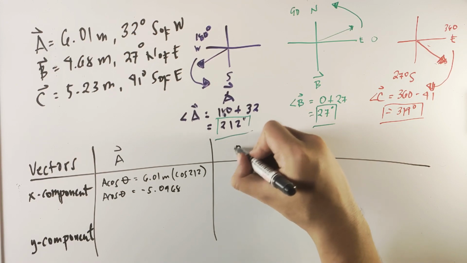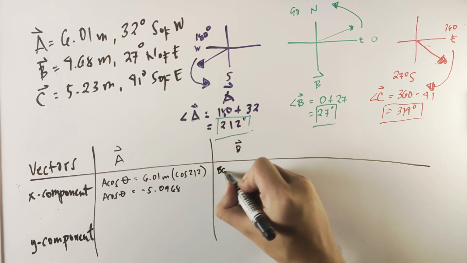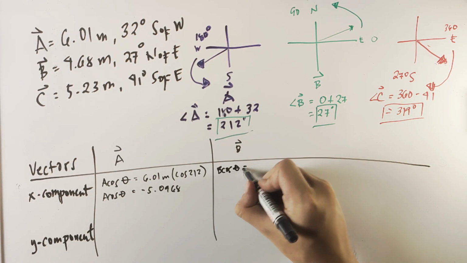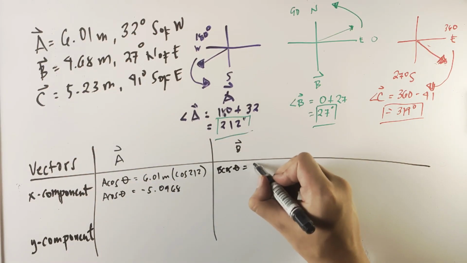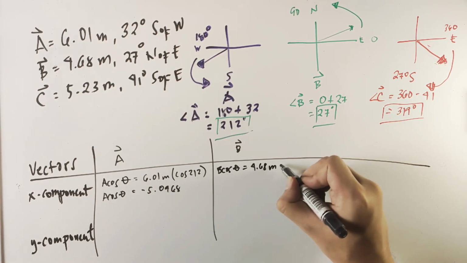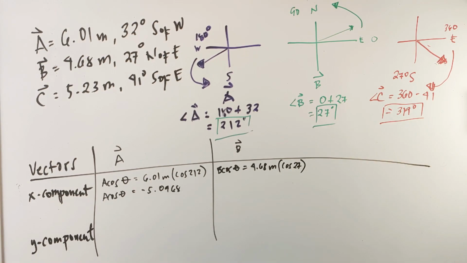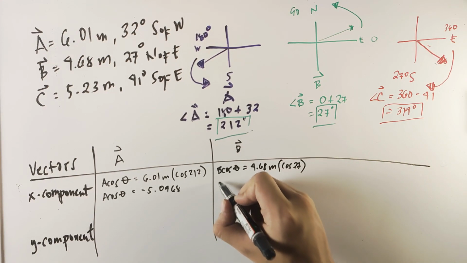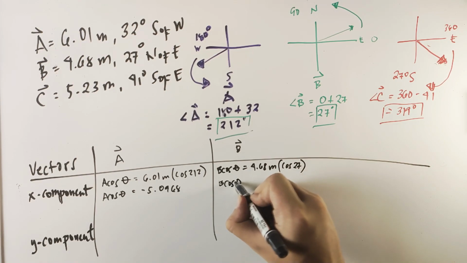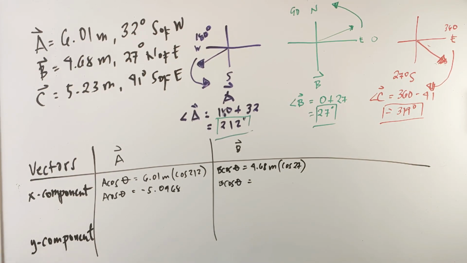For vector B, we have B cosine theta, which is equal to, what's our B? 4.68 times cosine 27. I'm going to do the cosine first this time, so you can have a grasp of the different ways of how to solve it.